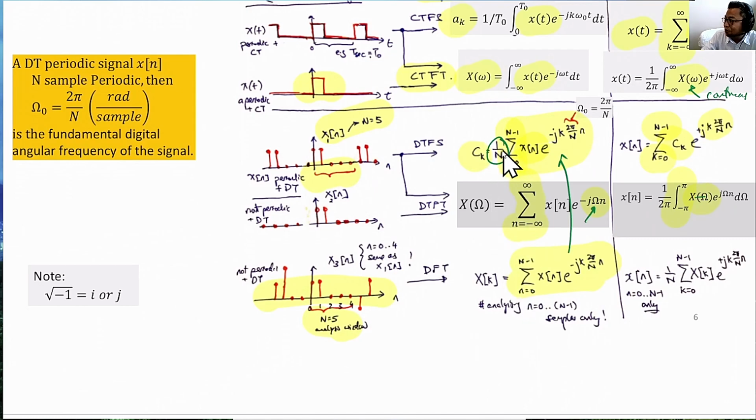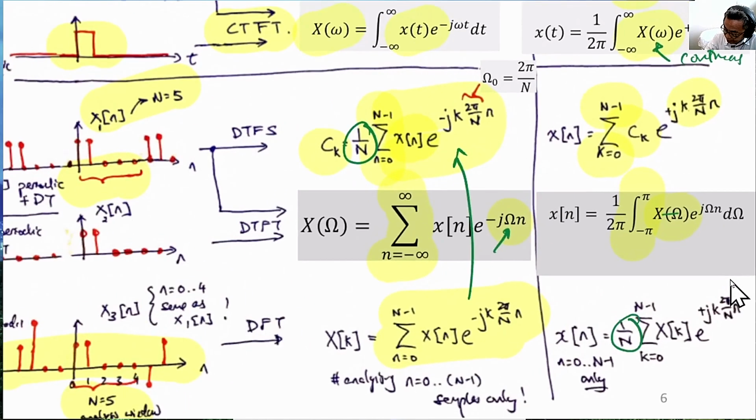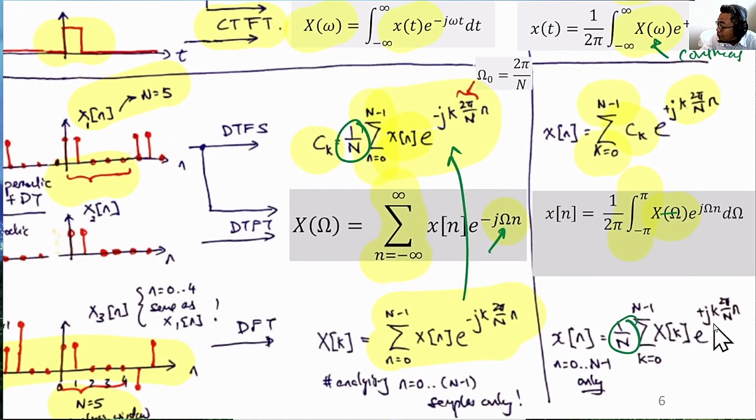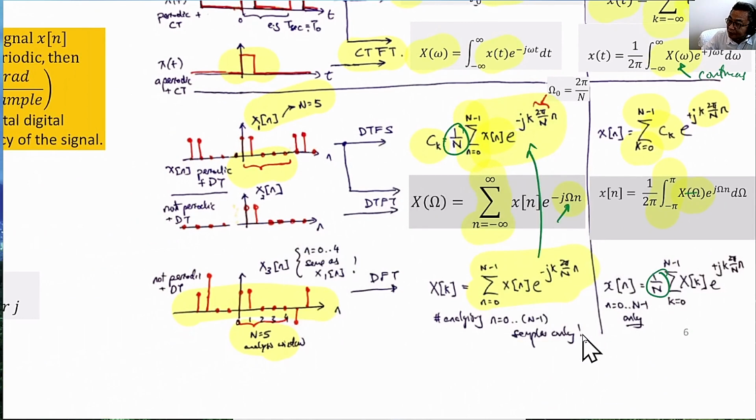You realize that this 1 over N then appears at this side, and the synthesis equation is almost identical. See, ck times e^(+j 2 pi over N times nk), and here is also X(k) e^(j k 2 pi over N n), and the 1 over N comes out. So in fact, DFT and DTFS are identical.